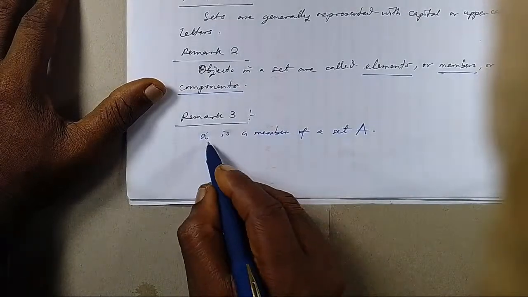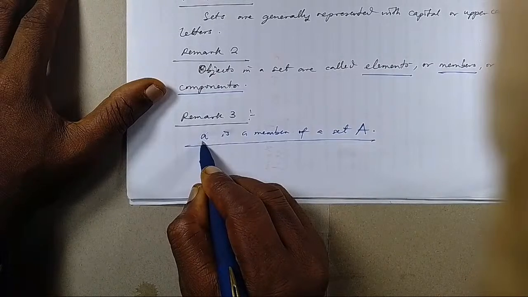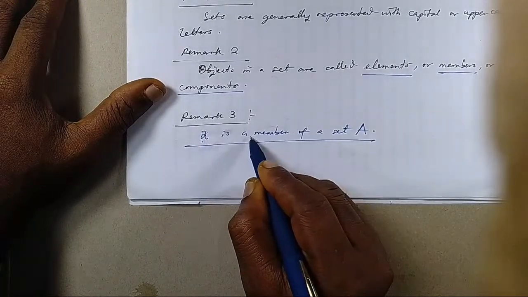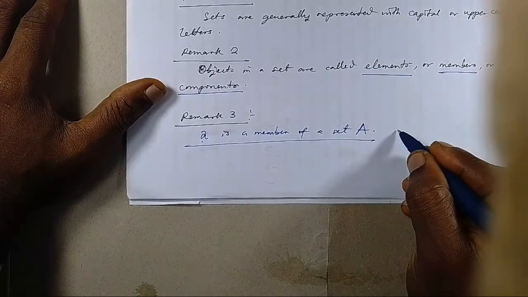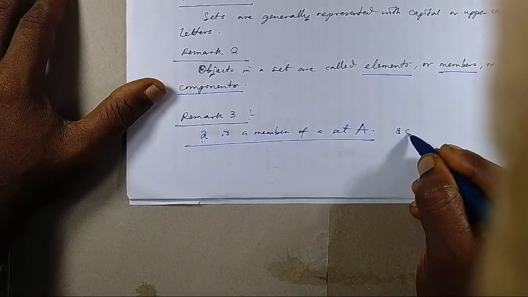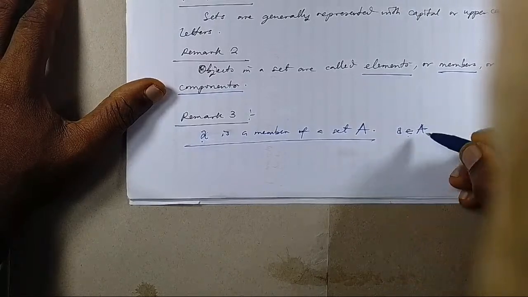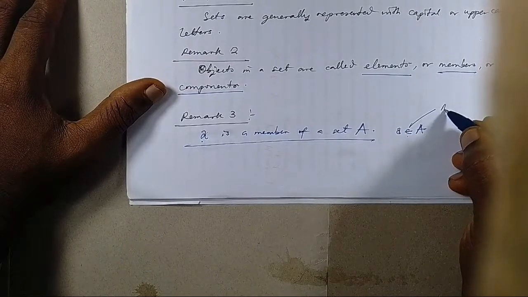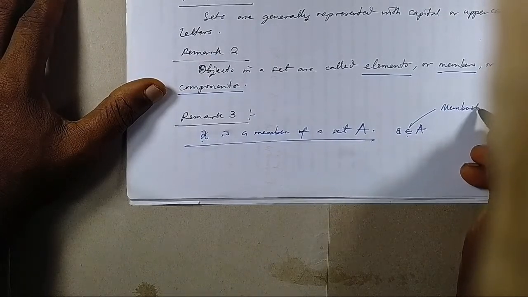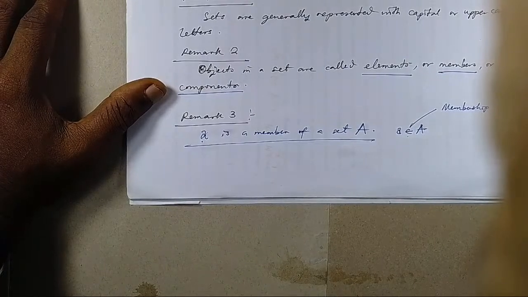Instead of writing this long sentence, the element a is a member of a set A, you could simply use this symbol in between. The symbol I have just written is called a membership symbol.